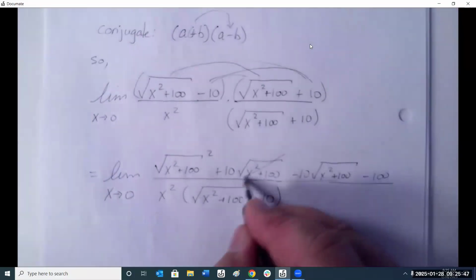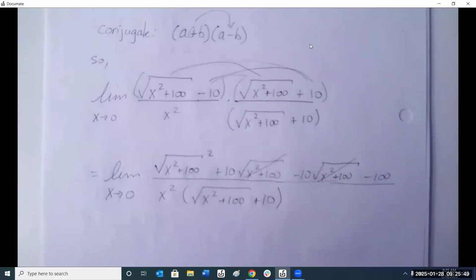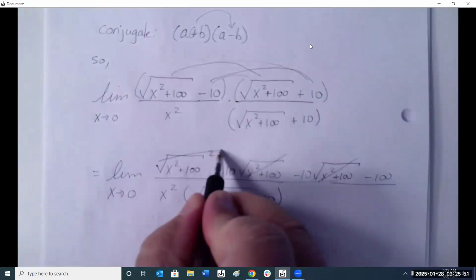Simplify. The middle terms cancel. The radical disappears.